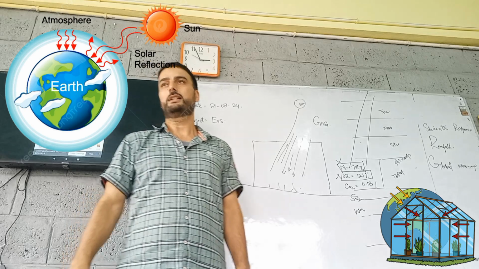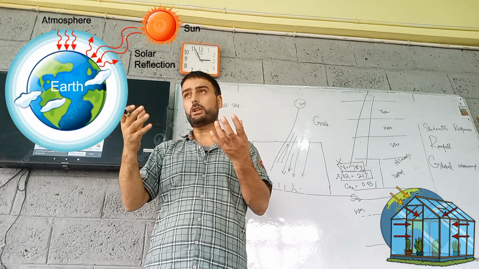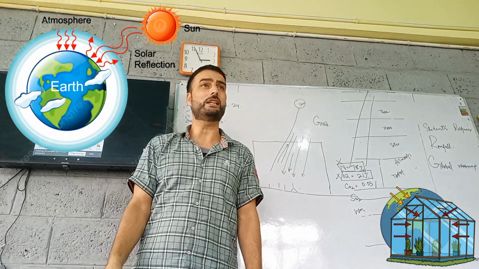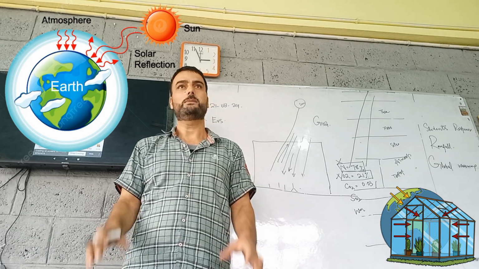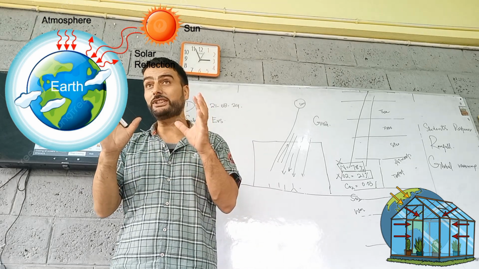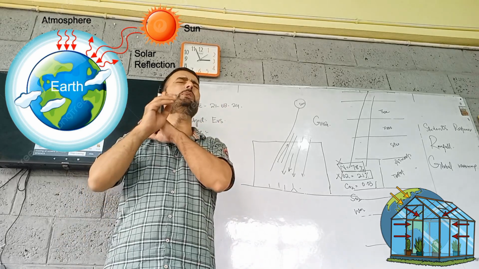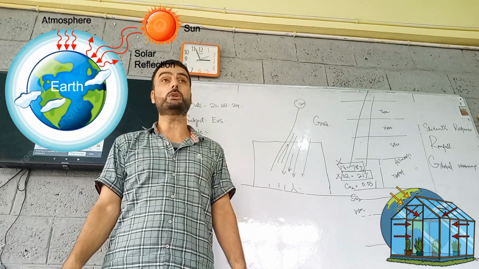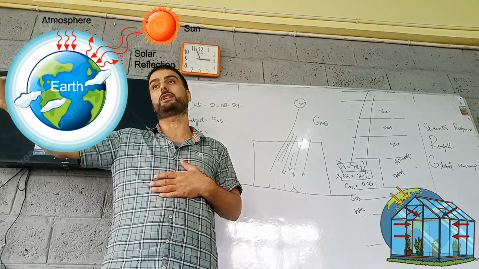Question is, if these greenhouse gases were not present in our atmosphere, what would happen? My dears, the temperature of the atmosphere would decrease. It would be very cold, and that very cold temperature would not help animals and plants to survive.